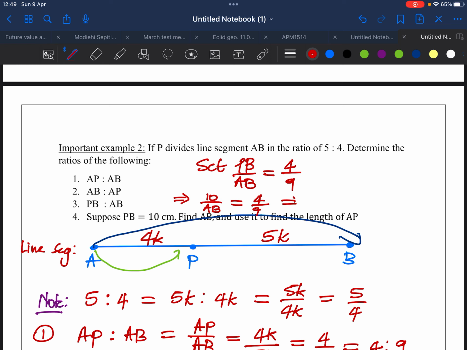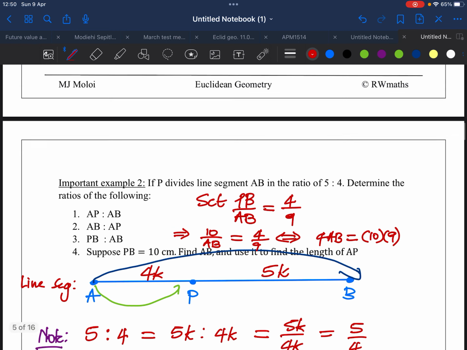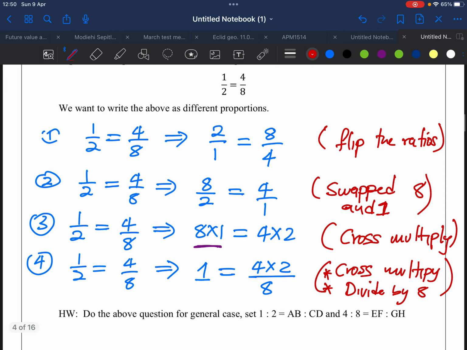This is true if and only if we cross multiply. You'll have 4 AB equivalent to 10 times 9. Remember, we have worked with writing proportions.